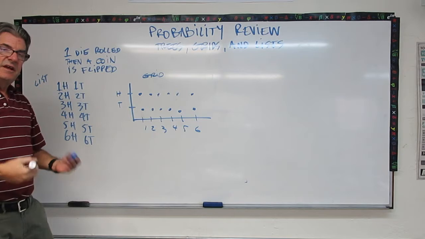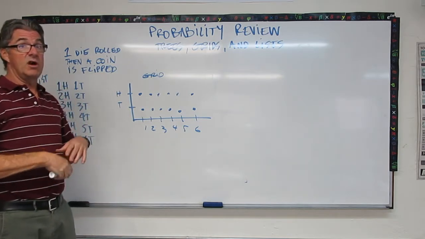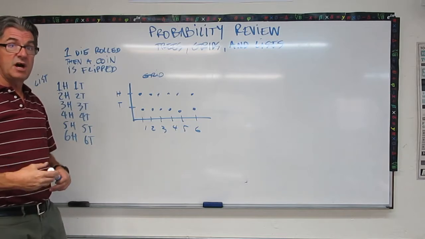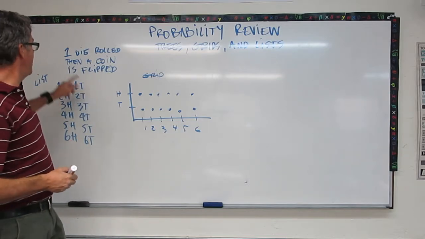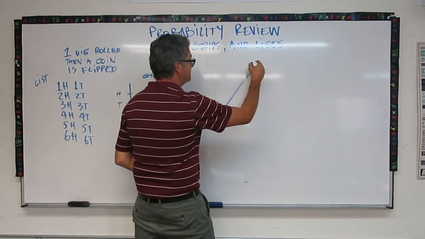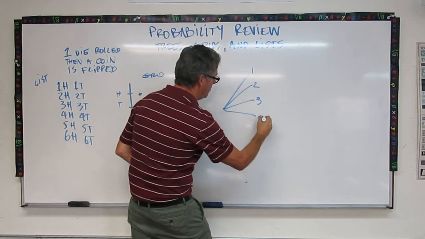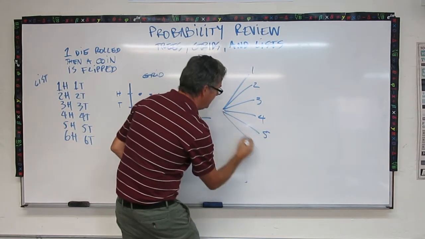Let's do a tree. Now some people find trees to be the most challenging, and I think in some ways they are. They also are the most powerful for analyzing complicated situations. So let's do that. 1 die is rolled, so we do 6 branches because we have 6 possible outcomes. We have a 1, a 2, a 3, a 4, a 5, and a 6.